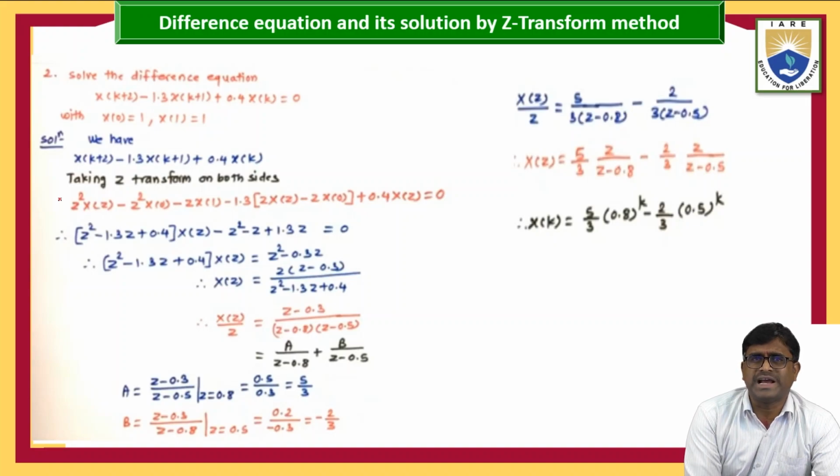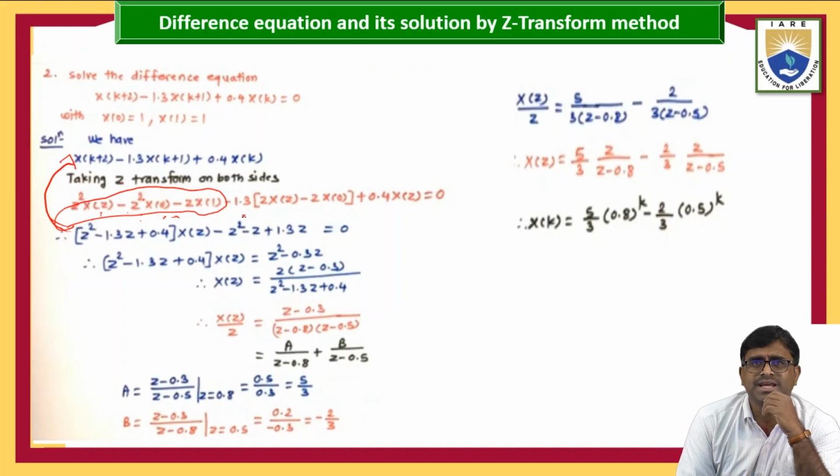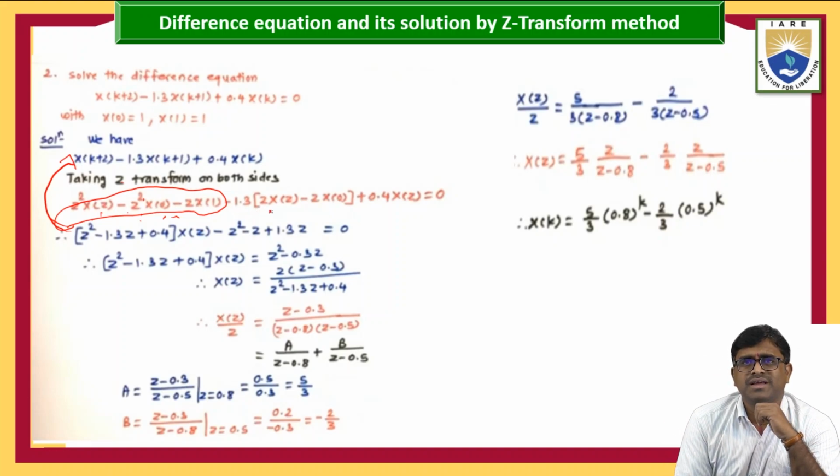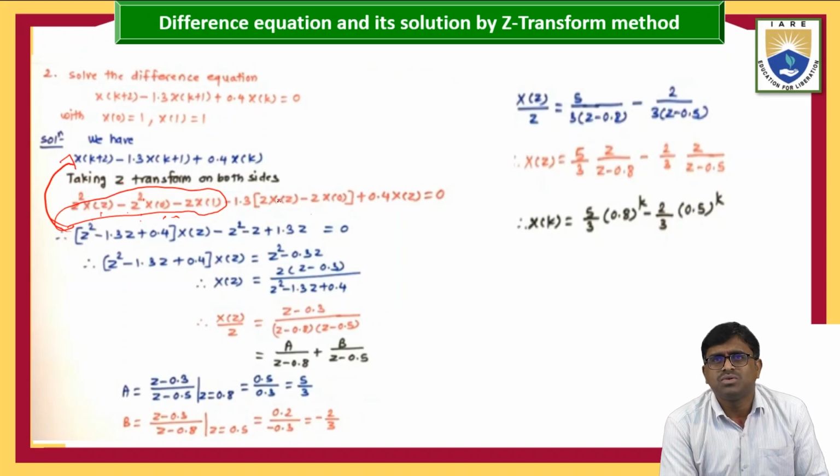Taking the z transform on both sides. For k plus 2, that is z square X of z minus z square x of 0 minus z x of 1. Next, for 1.3 times the k plus 1 term, it is z into X of z minus z into x of 0. This is the one term because the power is only one.